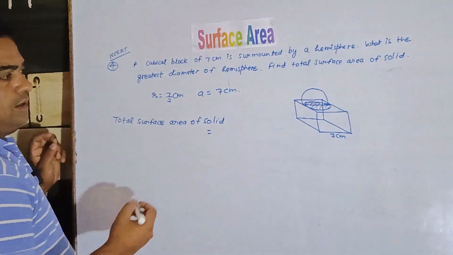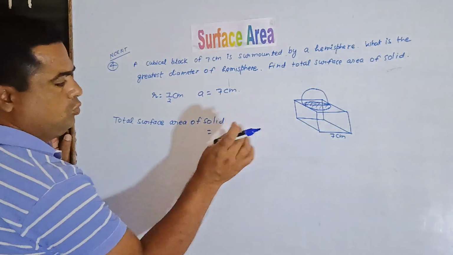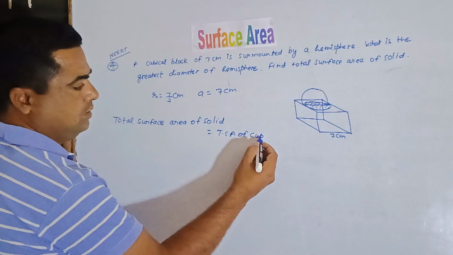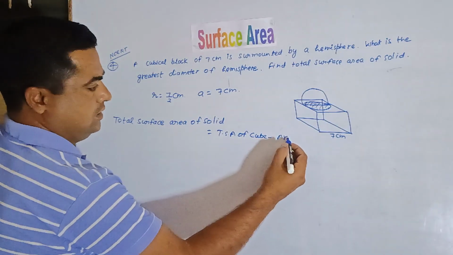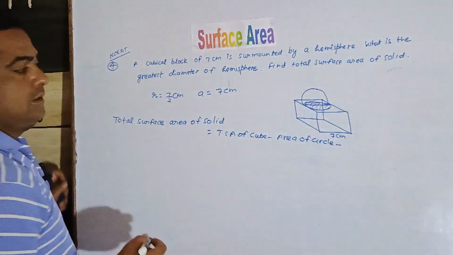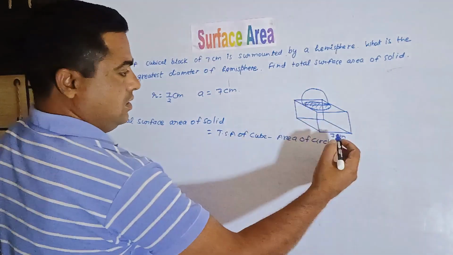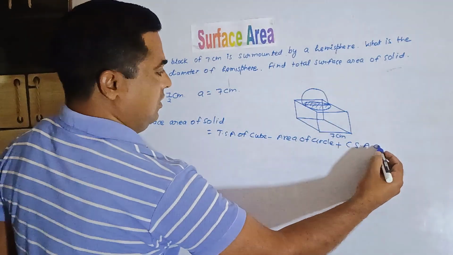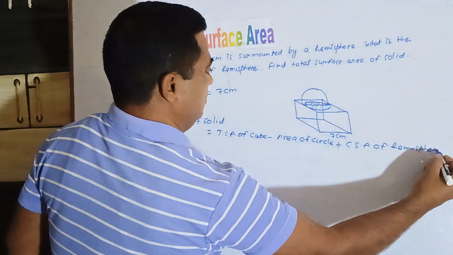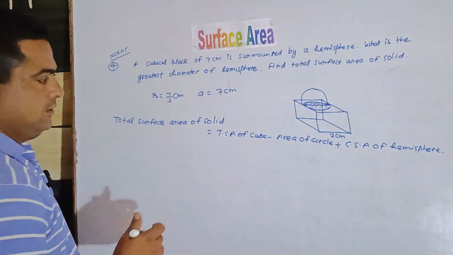We are starting from cube: total surface area of cube minus area of circle plus curved surface area of hemisphere, correct? So students, this is the formula to find total surface area of this solid.